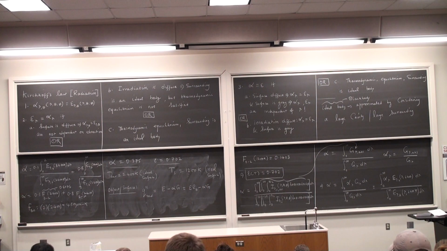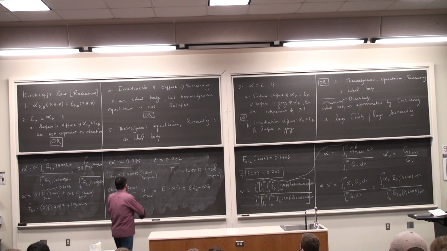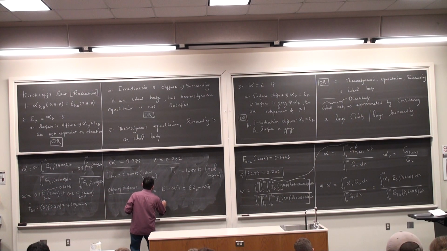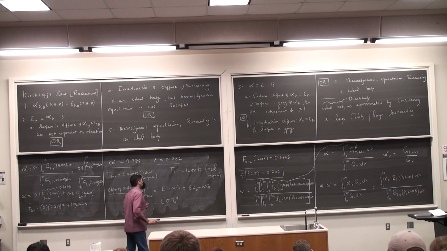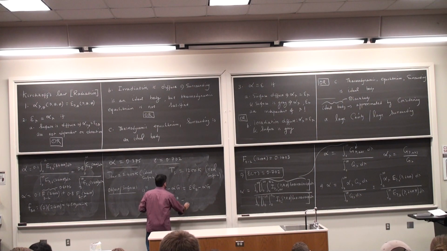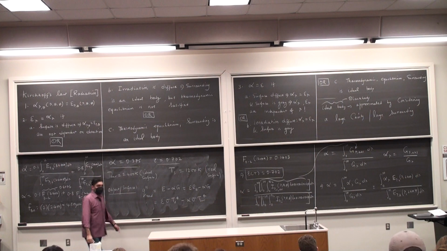I'll complete this and then define the radiosity term next. But G is nothing but irradiation from an ideal body, which is at 2400. So that's going to be sigma times T to the power 4 at 2400. So this is going to be epsilon sigma Ts to the power 4 minus alpha sigma T surrounding to the power 4.